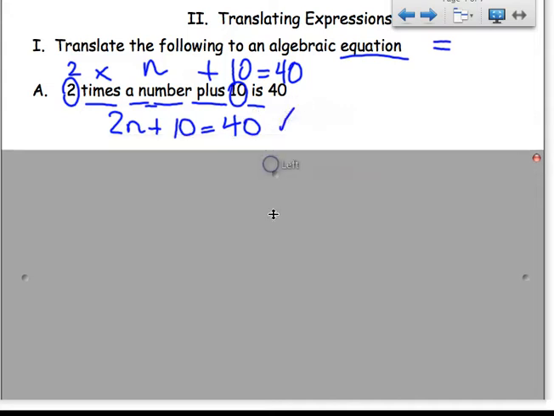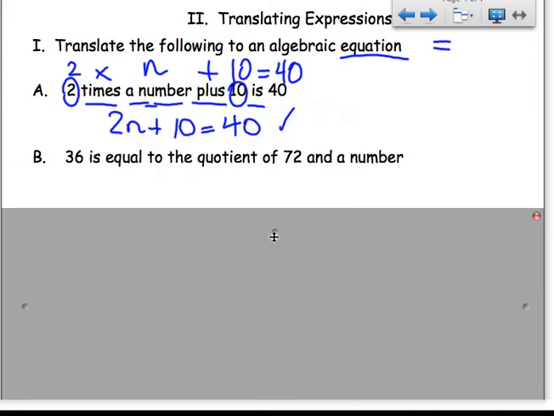Let's try one more example before I ask you to do it. 36 is equal to the quotient of 72 and a number, so I know I'm going to use the number 36, is equal to the quotient, so I'm going to be using division of 72, and a number, I'll call it this time b.